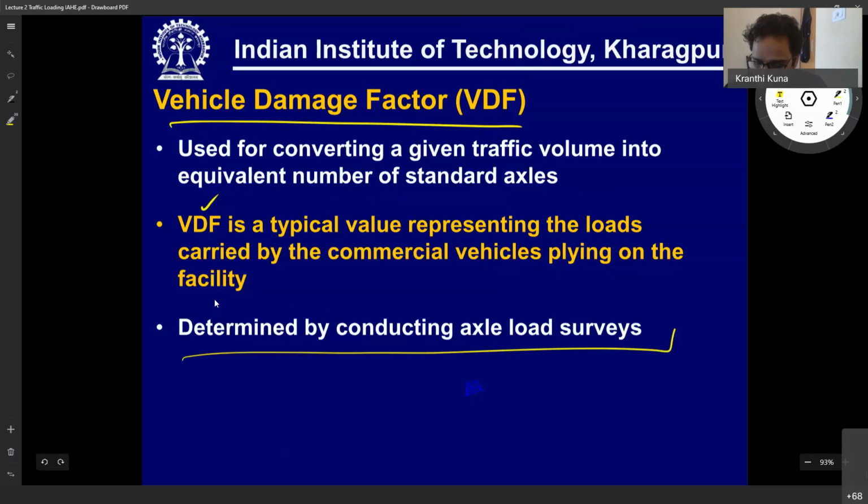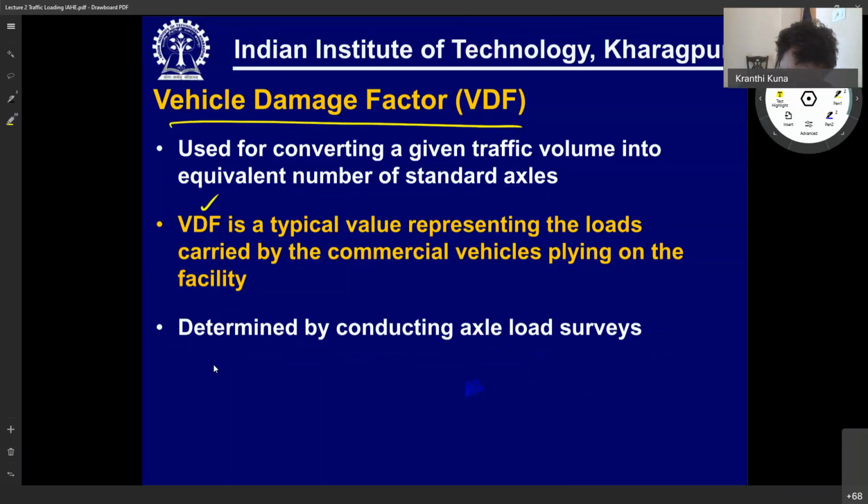So this is about the traffic considerations. In summary, what we have discussed is how we forecast the traffic. For forecasting, we need the growth rate.